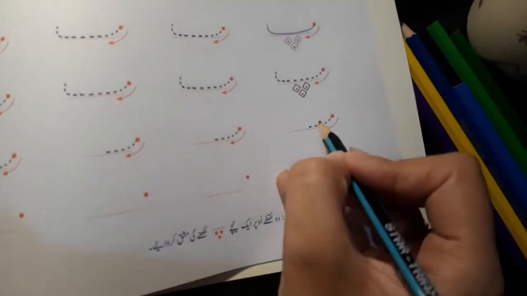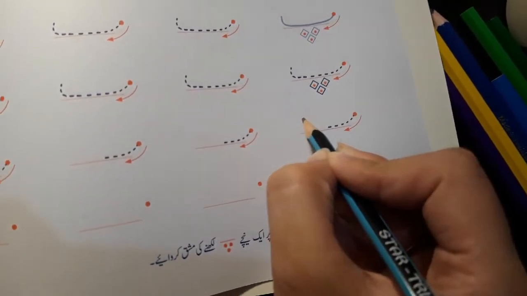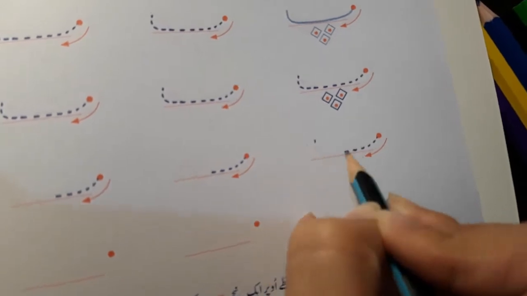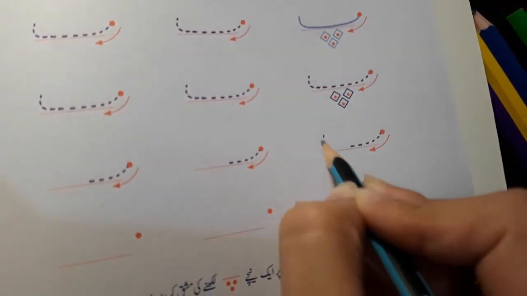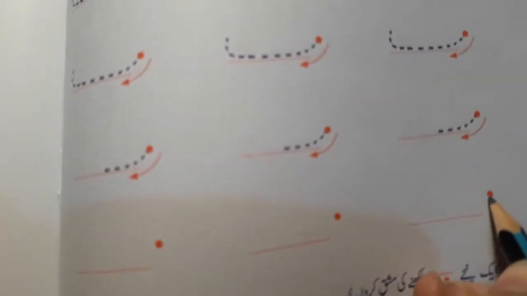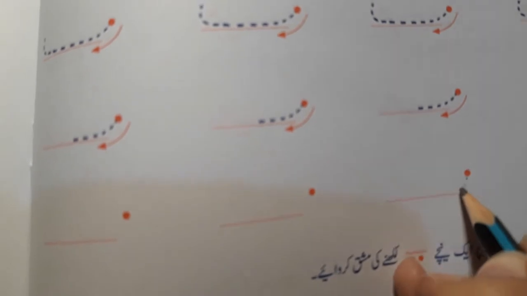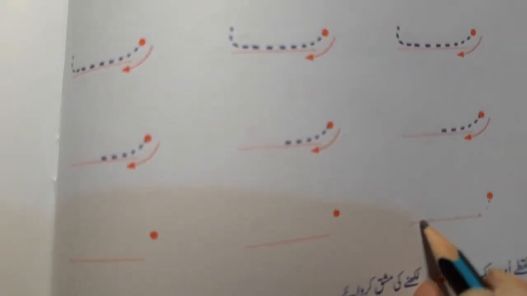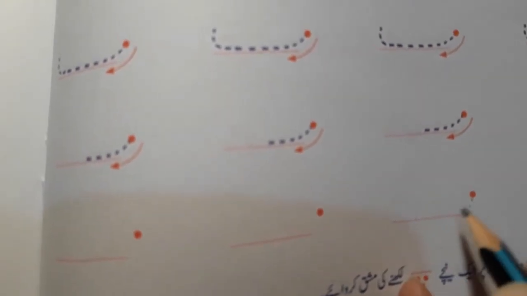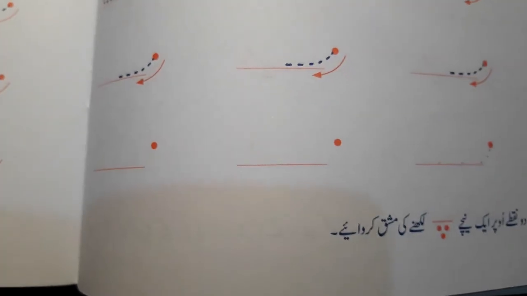So what you're going to do is make a dot here, so that they can complete the rest of this, and also here, and also start with the dots here where there are no other dots, because they are too young to write independently right now. So let them do this with your help.